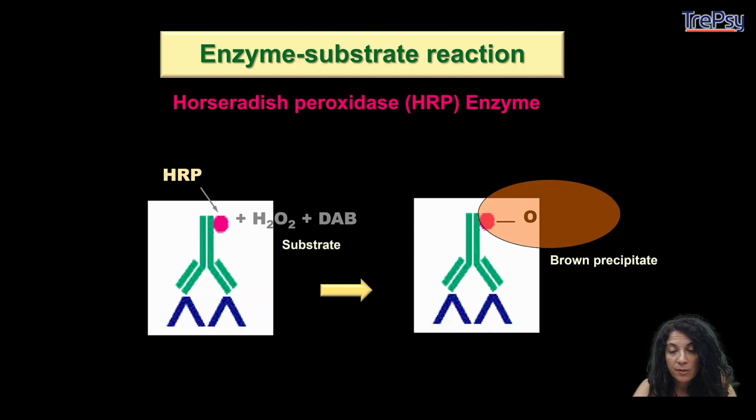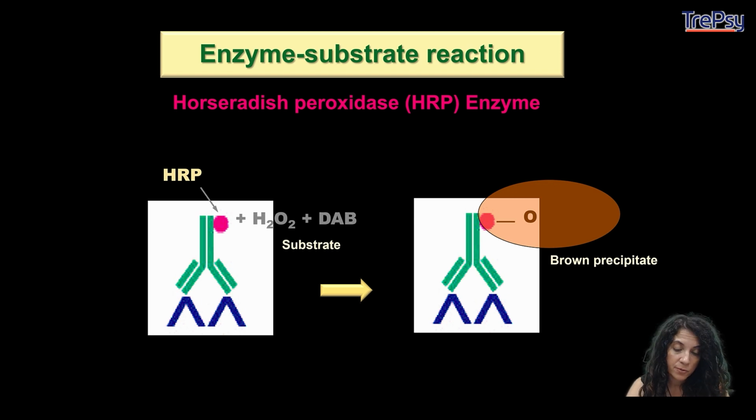The enzyme substrate reaction is based on the antibody being bound with an enzyme. This enzyme is horseradish peroxidase. It binds to the antibody and you put in your solution a substrate. The substrate is hydrogen peroxide and diaminobenzidine, DAB.